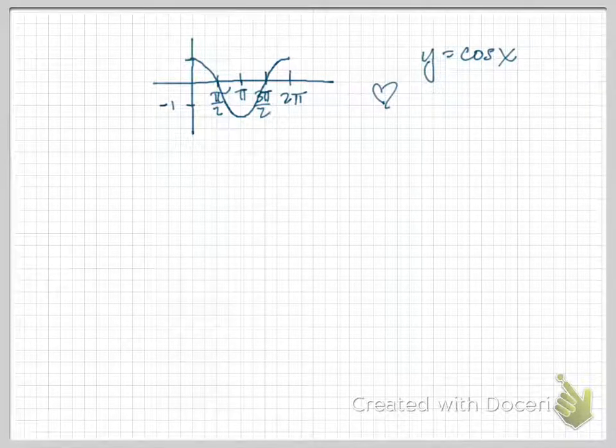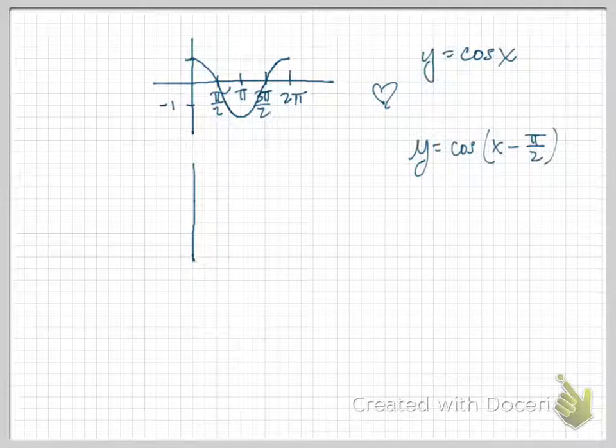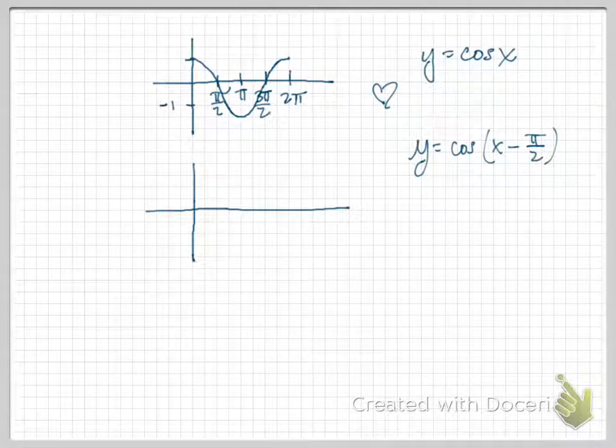Okay, so the next step is we're going to take this function and we are going to shift it to the right pi over 2 units. Okay, so what I'm going to do for you is draw the parent function just to show you where it is, and then we're going to move the key values pi over 2 units to the right.